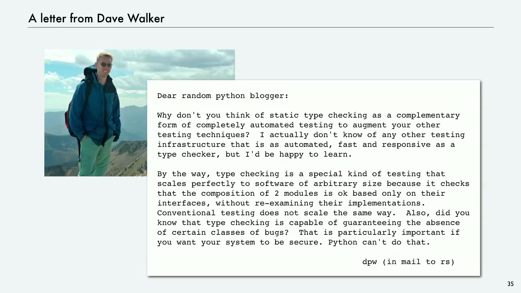By the way, type checking is a special kind of testing that scales perfectly to software of arbitrary size because it checks that the composition of two modules is okay based only on their interfaces without re-examining their implementations. Conventional testing doesn't scale the same way. Also, did you know that type checking is capable of guaranteeing the absence of certain classes of bugs? That is particularly important if you want your system to be secure.